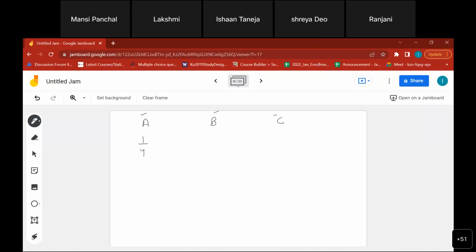The probability that B will complete the task is 2/6. The probability that C will complete the task is 1/5. And all three are performing the task independently. So what is the probability that my task will be completed?